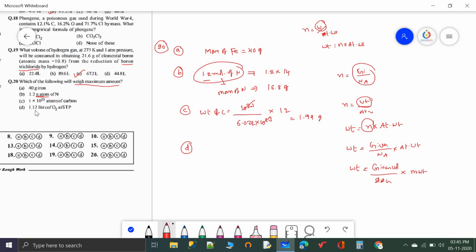So the volume is 1.12 liters. Weight of O2 equals number of moles of O2 into molecular weight. Number of moles is 1.12 liters divided by 22.4 liters, into molecular mass 32. So together it equals 1.6 grams. So among all these, the one having the highest mass is the 40 grams, option A.